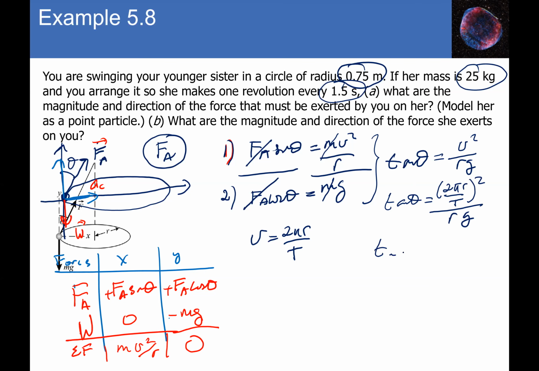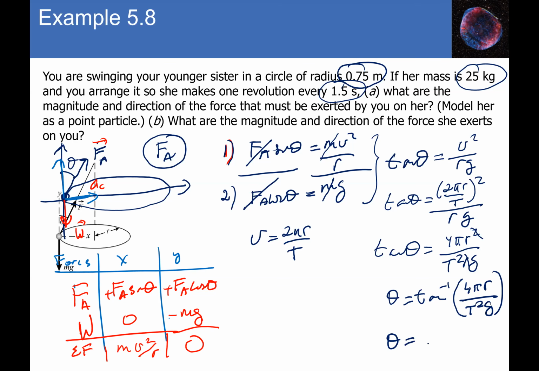That gives me 4 pi squared r squared over period squared, divided by rg, where I can cancel one of the r's. Then solve for theta, which will be inverse tangent of 4 pi squared r divided by T squared times g. And this I can do because I have r and the period. 4 pi squared and g are nothing but constants.